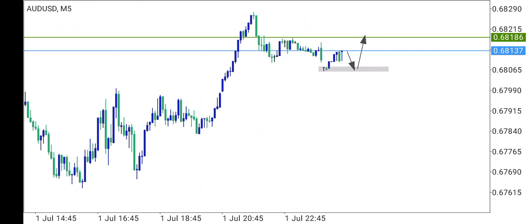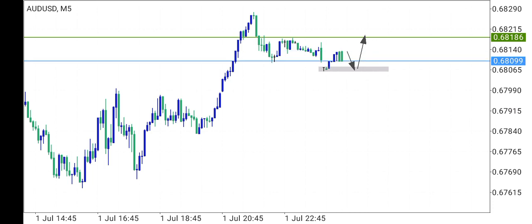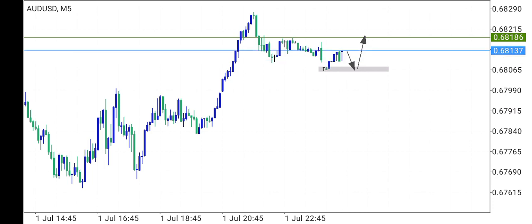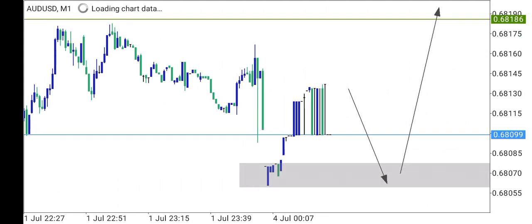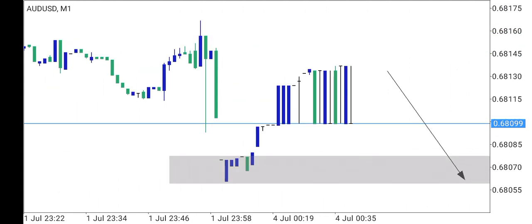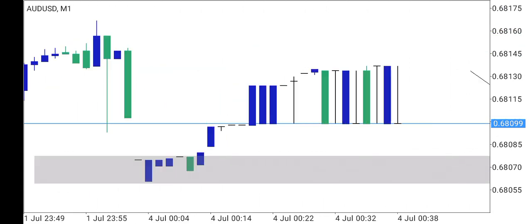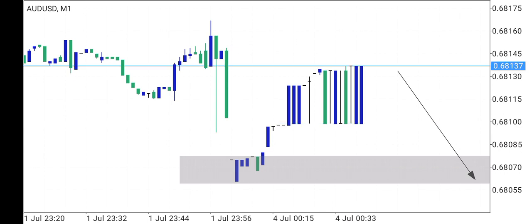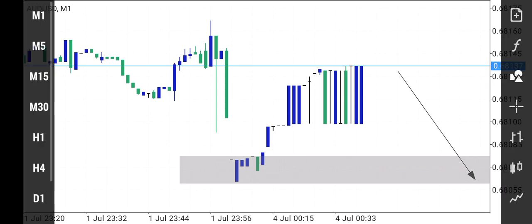So after the retest, we normally take our entry on the next candle open. Next candle open. You don't just take the entry. You can use this 5 minutes to watch the chart, or you can use 1 minute if you understand 1 minute. But you see, look at the way 1 minute is. It can never be clear by this time. But some people do take their entry from here.